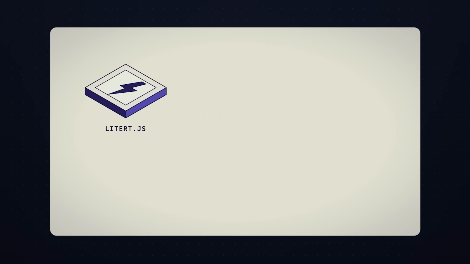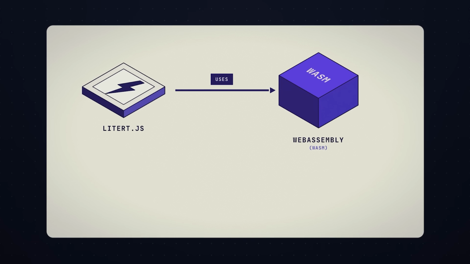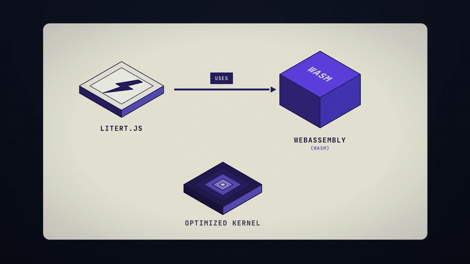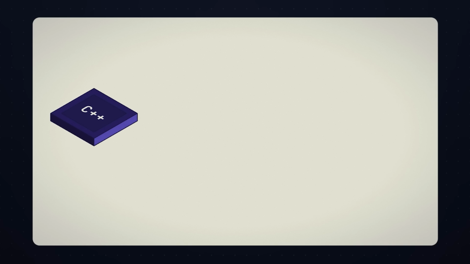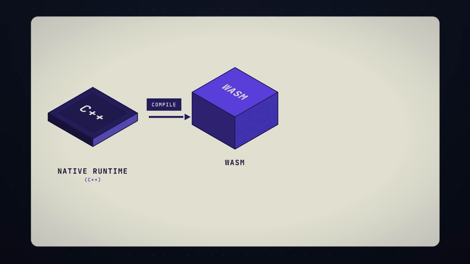But LiteRT.js uses WebAssembly and it ships with its own optimized kernel. So the same native runtime that powers Android and iOS inference is compiled to WASM and then exposed to JS. So you're not getting a web-flavored abstraction layer anymore, you're actually getting a truly optimized runtime engine.